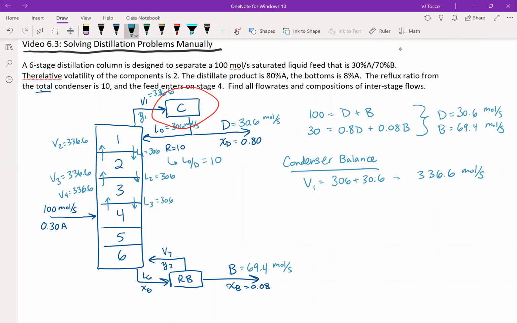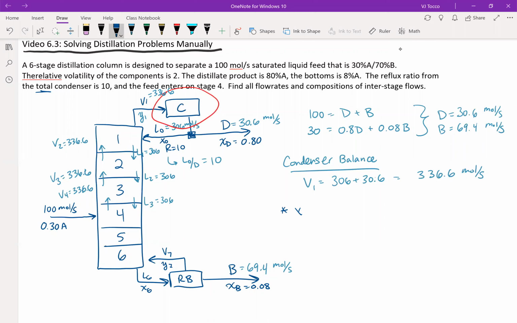Because this is a total condenser, first of all, I have a split point here. In a split point for material and energy balances, we should be able to relate what X0 and XD are. Because it's a split, I can say that X0 is equal to XD.